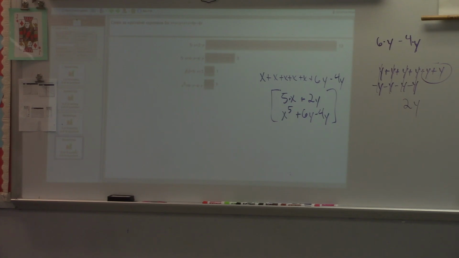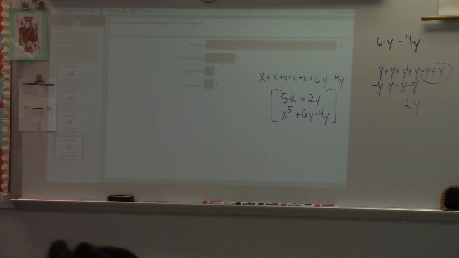Hey guys, what does 3x squared really mean? Adding x squared how many times? 3 times. So if I add 2x to that, are those the same thing?